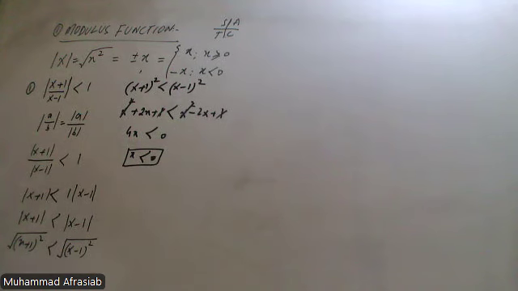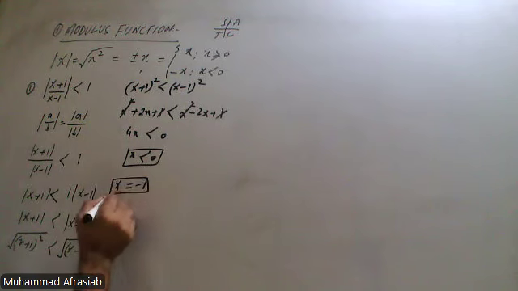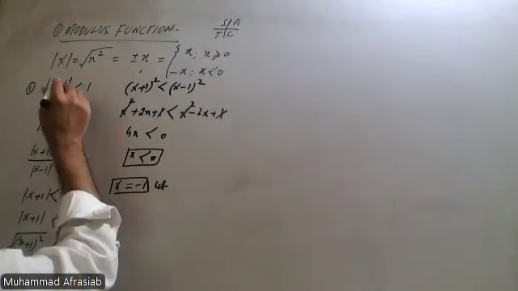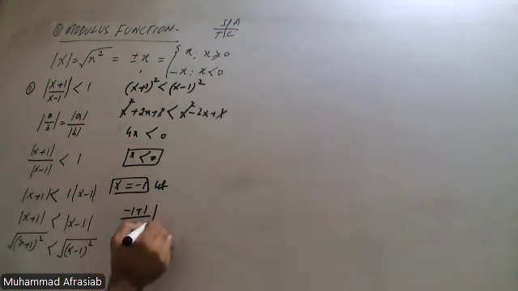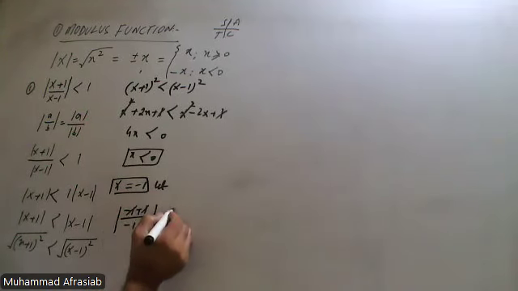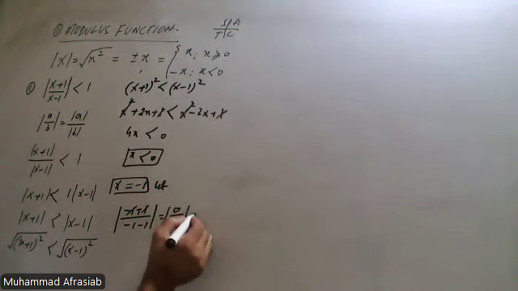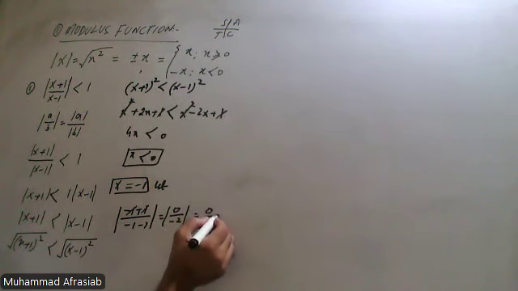Now we can verify that. Let's say less than 0 is any value, which is minus 1. So let x equal to minus 1. Then we put in this function: |minus 1 plus 1| divided by |minus 1 minus 1| is equal to 0 over |minus 2|, which is equal to 0 upon 2, which is equal to 0.